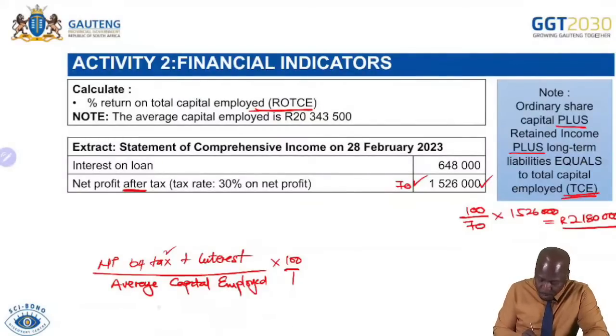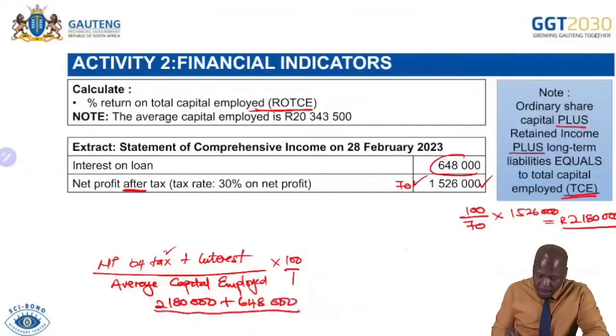So I'm going to come here at the bottom. I have 2,180,000, plus my interest on loan, which is 648,000. And remember, I'm dividing all of this by my average capital employed, which is 20,343,500.